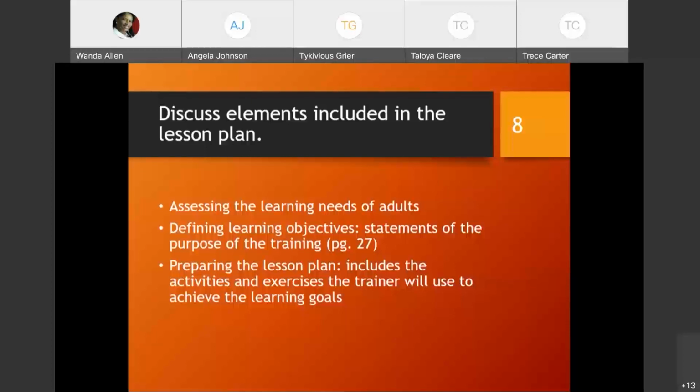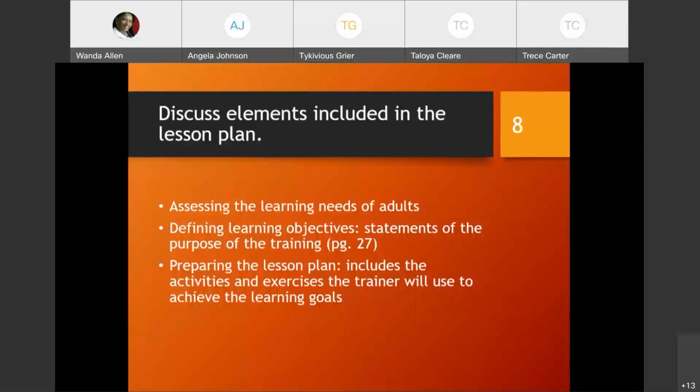Preparing the lesson plan. This includes activities and exercises the trainer will use to achieve the learning goal. We do want to keep in mind that adult learners learn best by doing, having hands-on activities. A part of this curriculum is showing the participants how to utilize the book, finding topic areas in the book.